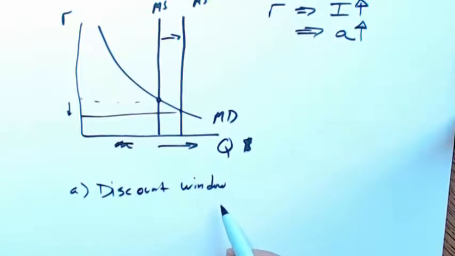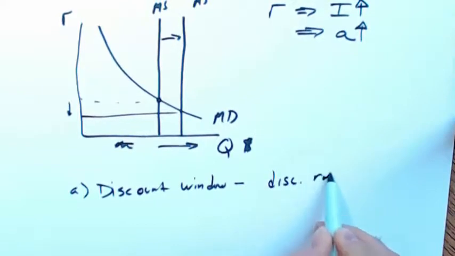They get in a pinch, and for whatever reason, they're unable to borrow money in the Fed funds market from other banks. Other banks are suspicious of their financial stability, and so the Fed is there as a lender of the last resort, and it lends through what's called the discount window, and it has a discount rate.